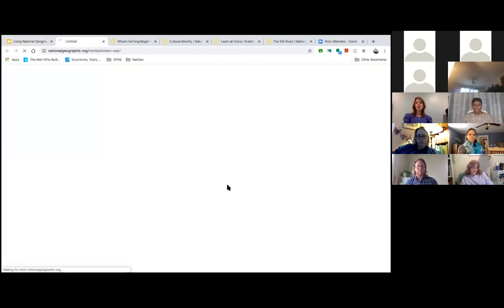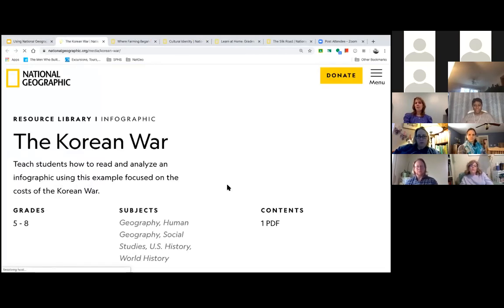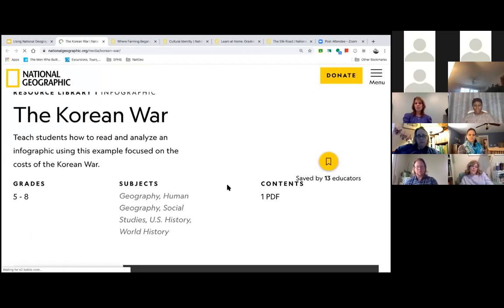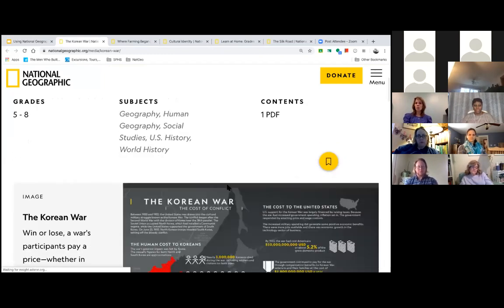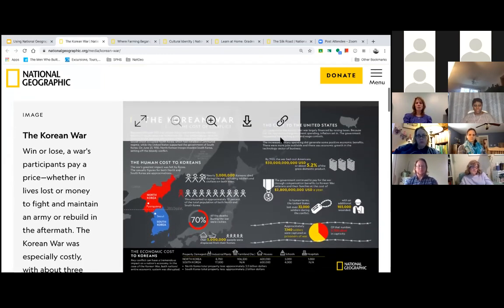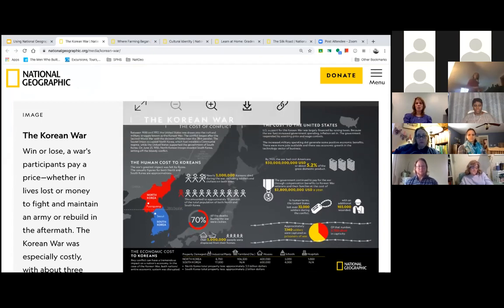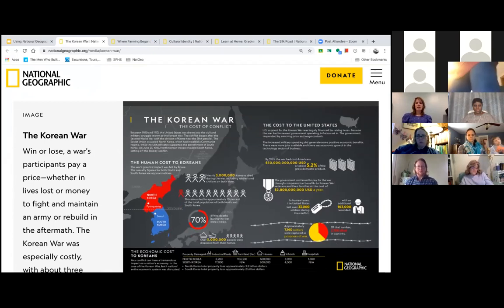There's an infographic on the Korean War, always considered to be the forgotten war, as we know, not really a war in itself. And it talks about the human cost to it, and in comparison to the United States, the cost of the conflict itself. And it works through the economic cost to the Koreans.